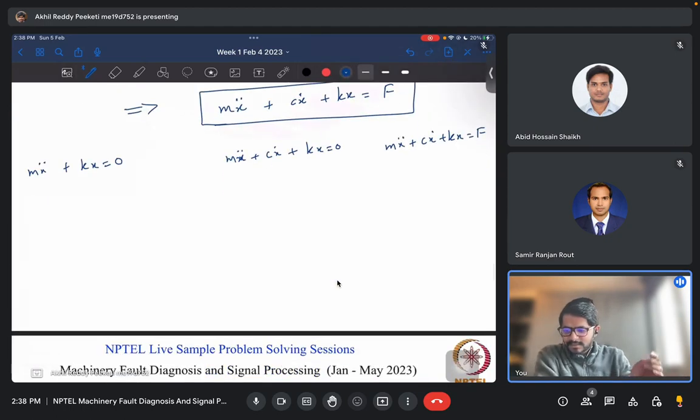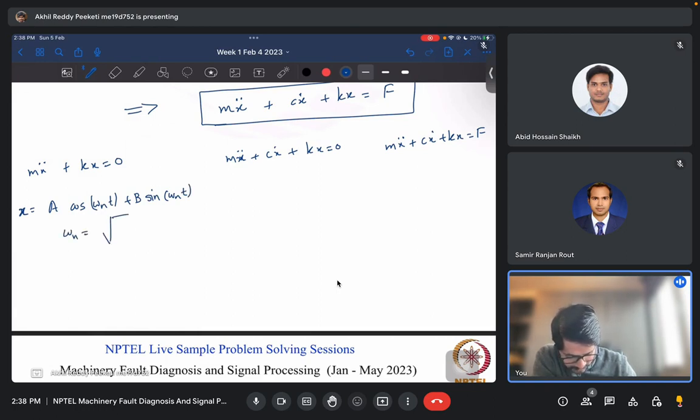Now for this simple spring mass system, one of the possible solutions you can take is a cos omega n t plus b sin omega n t, and this omega n is the natural frequency given by root k by m.